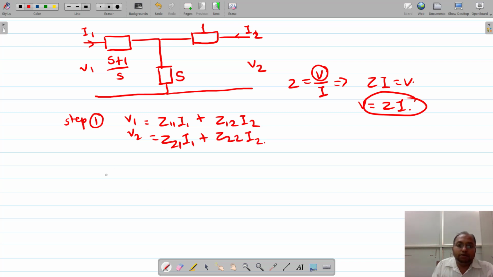Okay, now let's find out the first two parameters. What is our step number 2? Step number 2 is that we set I2 equal to 0 to find out Z11 and Z21.